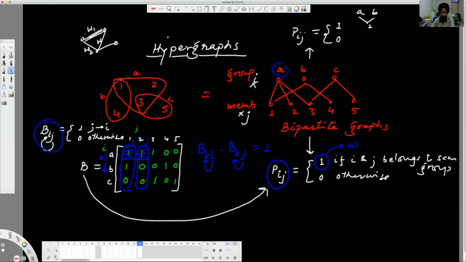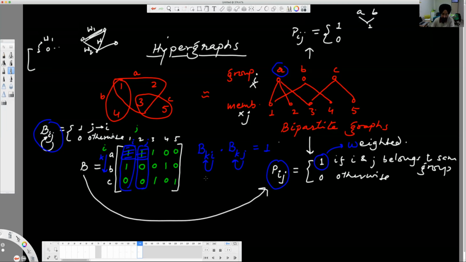So a binary matrix can be converted into a weighted matrix. Instead of writing 1, you put the weight there. If there is a 1 somewhere, you instead write W1 there, the weight of that edge, rather than the binary notation.